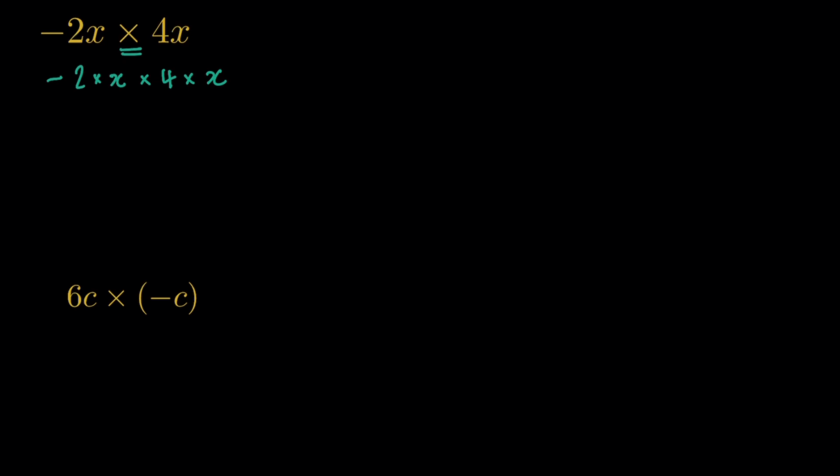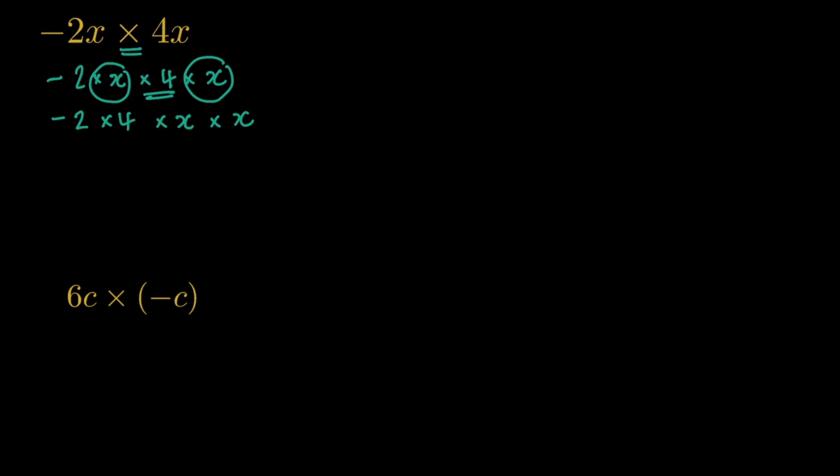I'm going to put my numbers together and my x's together, so it becomes negative 2, and this times 4 can sit next to my negative 2, and my x's over here, the two of them, times x times x.